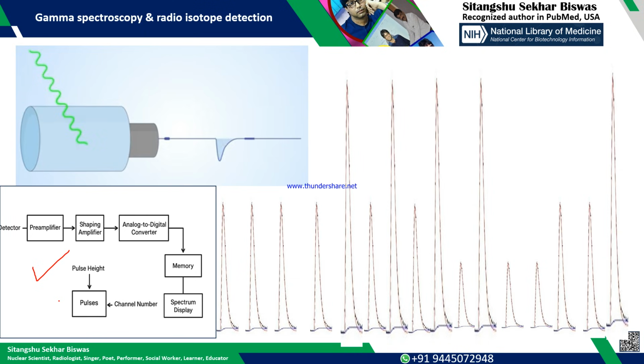One electron, a few electrons, will cause a current flow in the microampere range. So the magnitude is very small and has to be amplified.